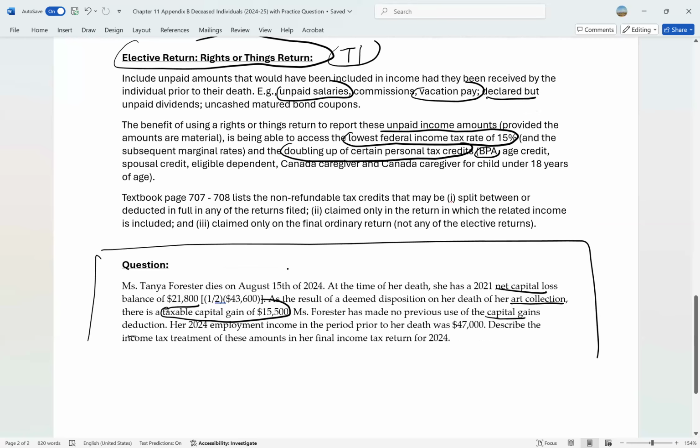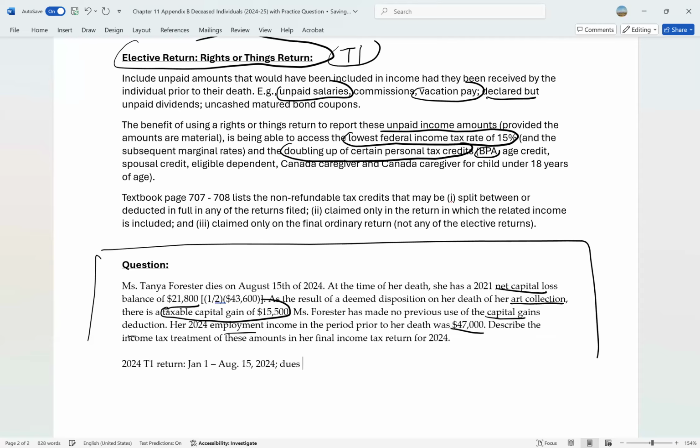Prior to death, her employment income was 47,000. Now we're not going to worry about the rights and things return. First of all, when does her executor have to file the 2024 T1 return? The 2024 T1 return will be from January 1st to August 15th, 2024.